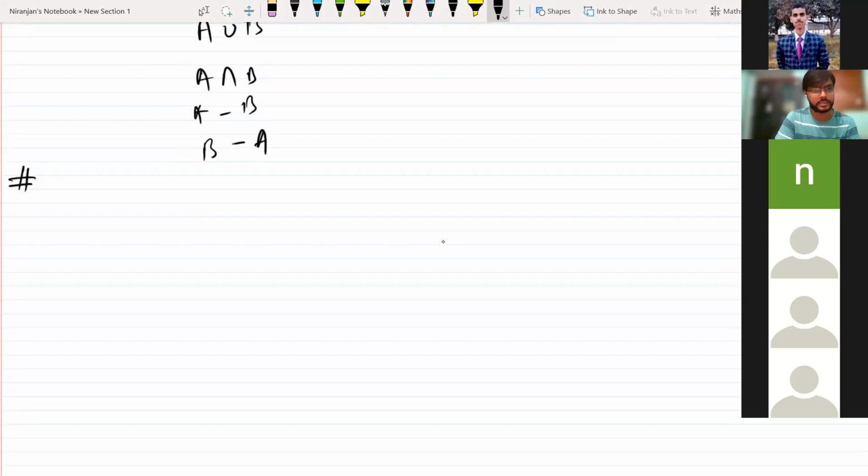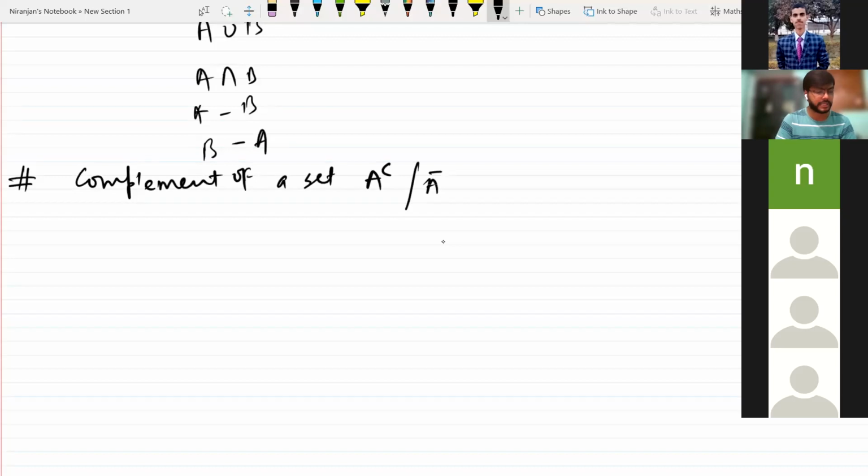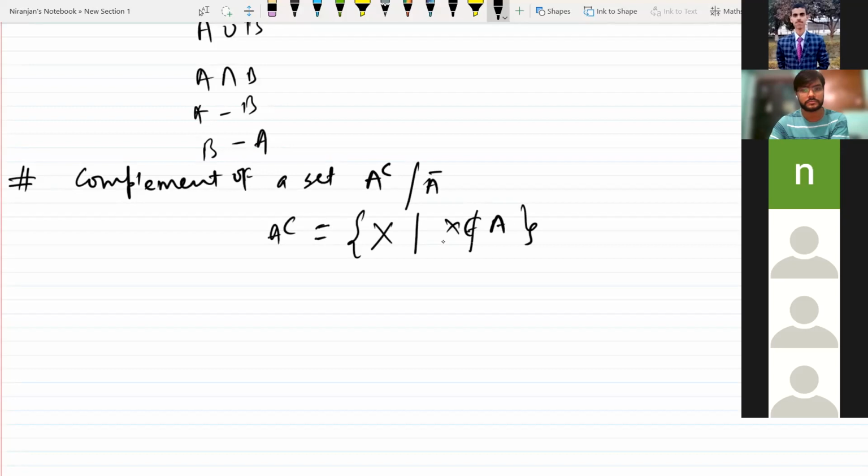Okay, this is the complement of a set. This is pretty easy. You denote it with A C, or A bar, as you wish. A C means the elements such that X does not belong to A. That's all it means.